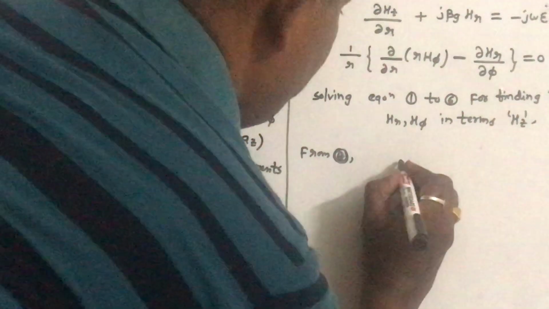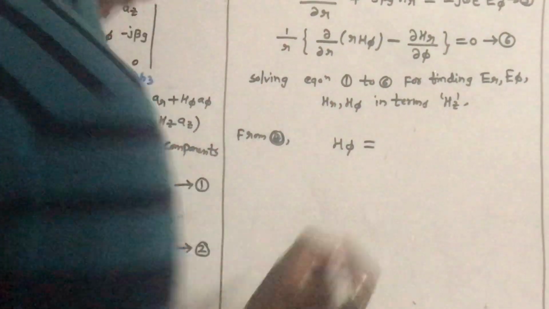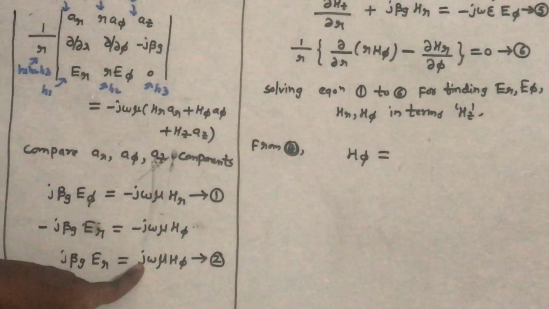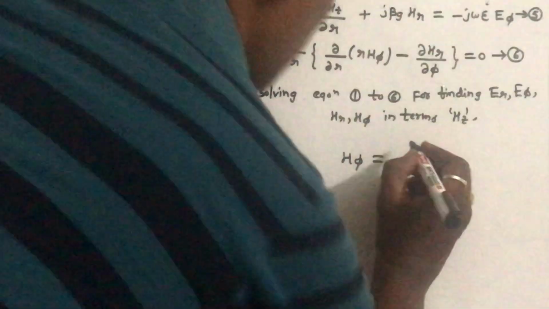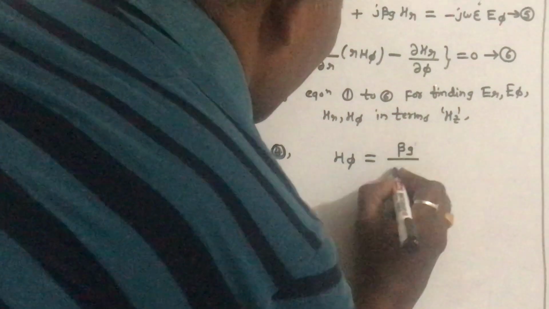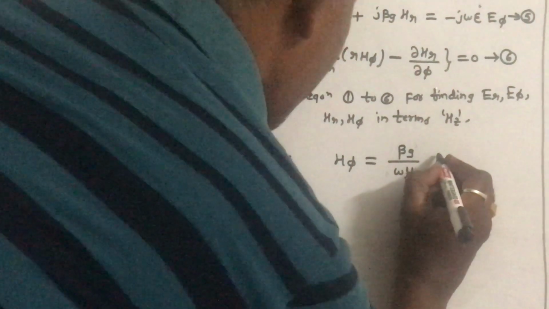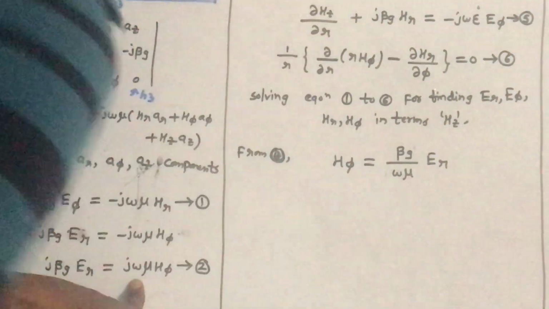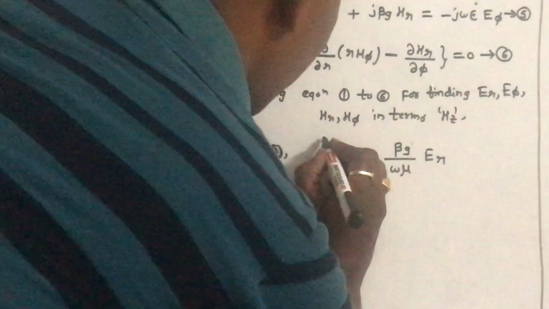H phi is equal to, j gets cancelled out, beta G by omega mu into ER. So this is what H phi is from equation 2.